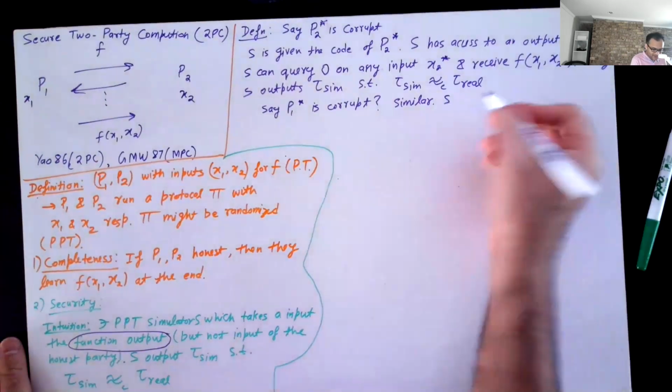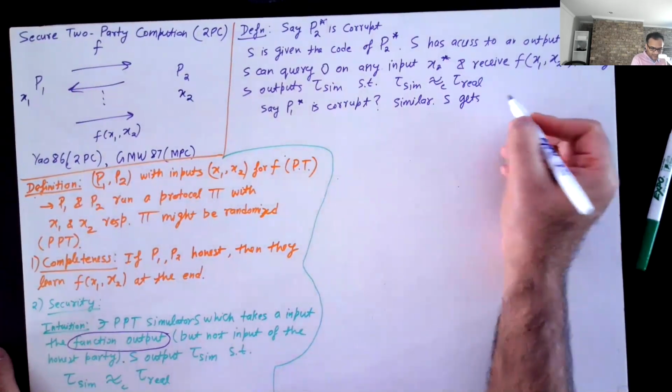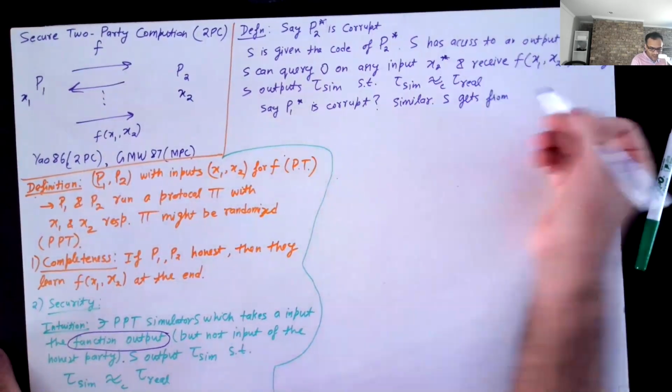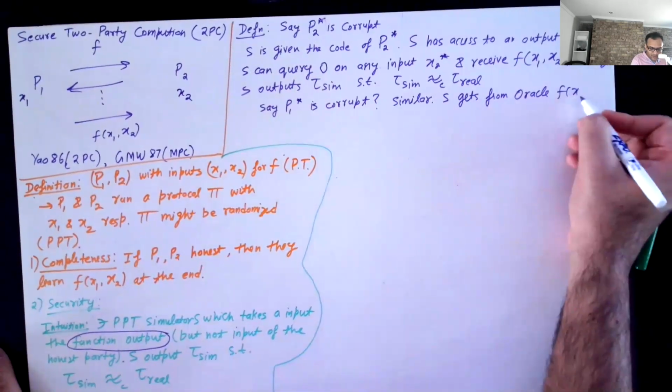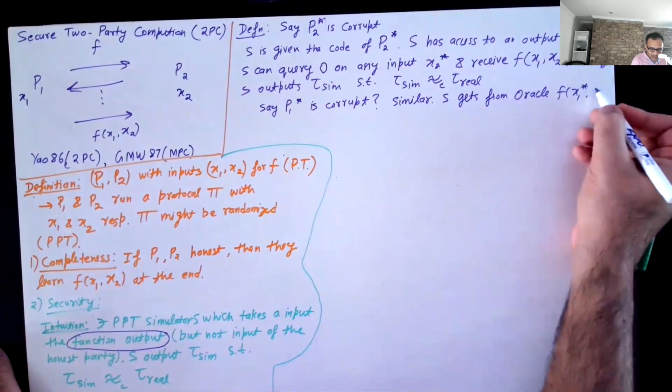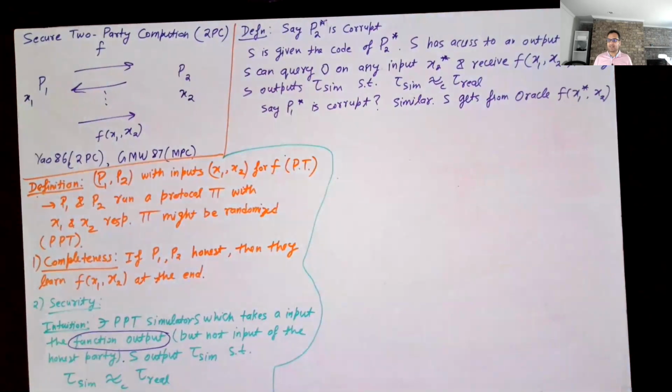So S gets from the oracle f of x1 star x2. And then the simulator S has to produce the protocol transcript.